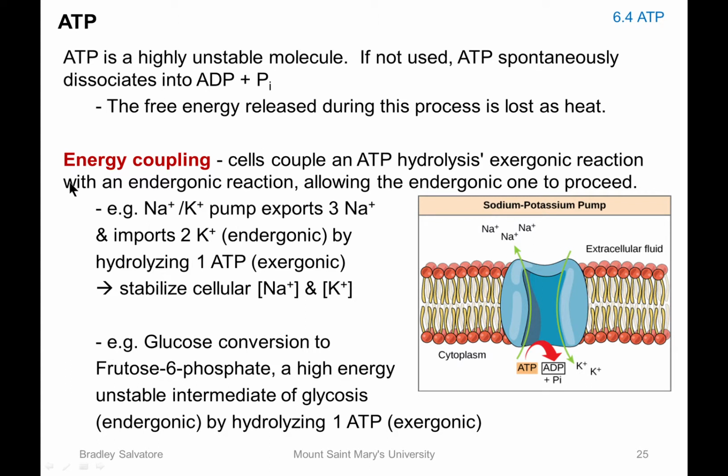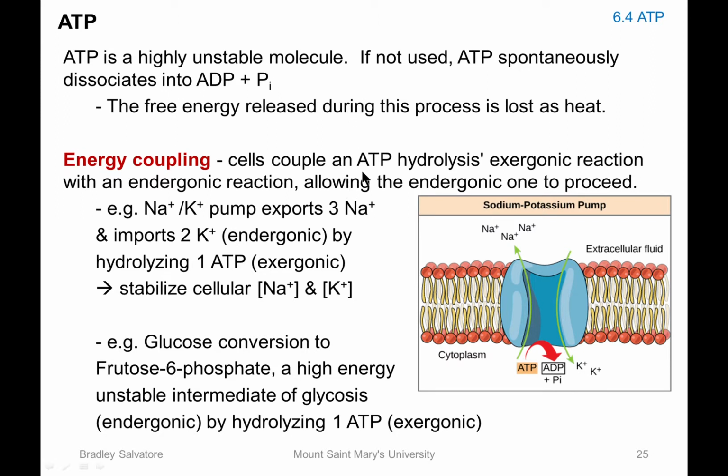So if we leave ATP alone, it will just spontaneously dissociate into ADP and an inorganic phosphate. So when we produce ATP, we should use it up as soon as possible, or else all of our energy input will go to waste, and the free energy released during this dissociation process will be lost as heat.